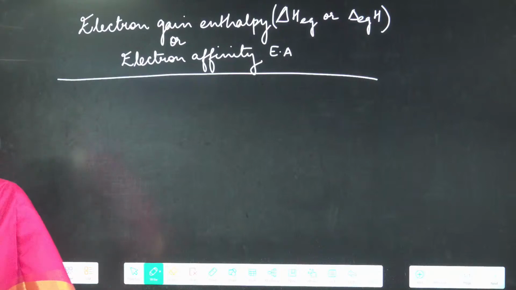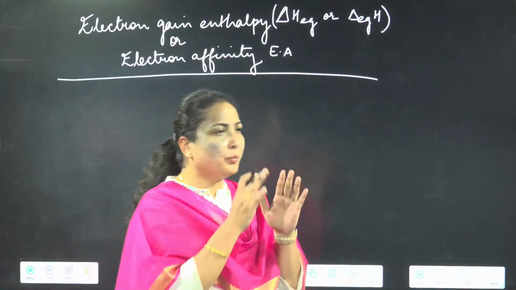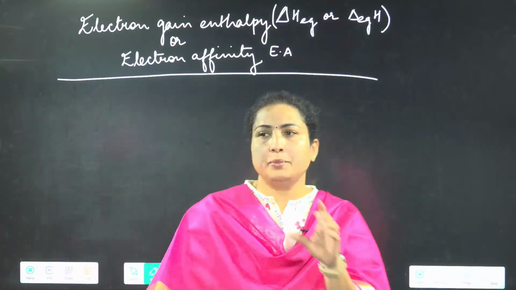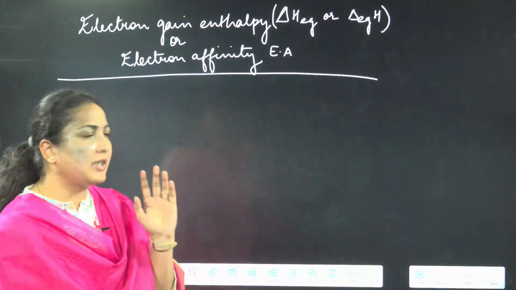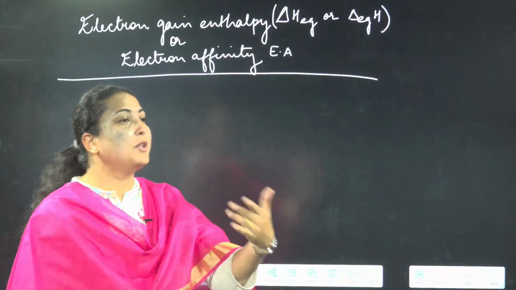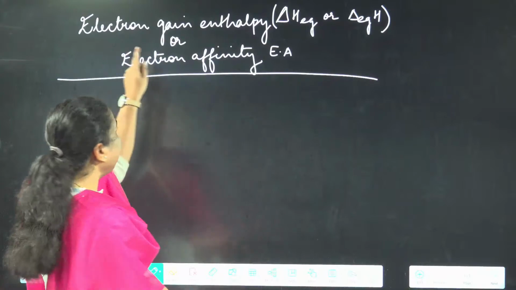Now, what does it basically tell you? What exactly is electron gain enthalpy? Let us try to break this term down. Enthalpy is basically the energy change associated with any process. Now, the process we are talking about is electron gain.